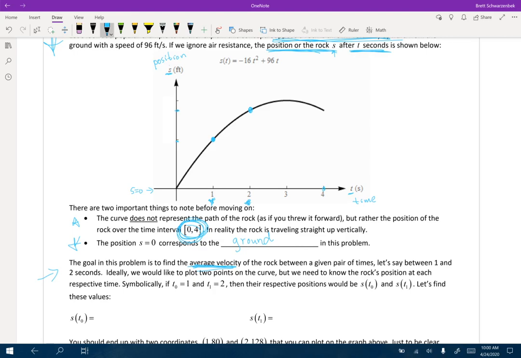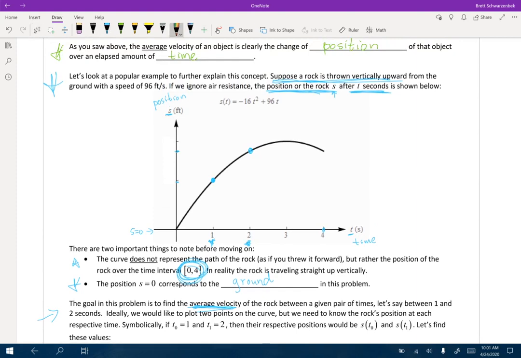Well, this is where this guy comes in. If you look over here, we basically have an equation for this curve. Note that this equation is in function notation. So when I say s of t, I'm saying position, which is s, with respect to time, which is t.